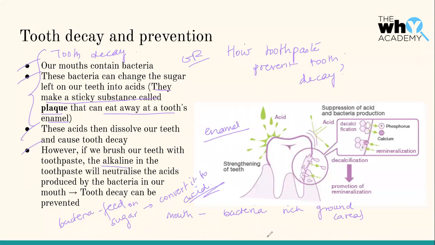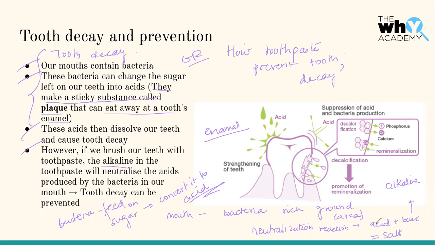So like I said, when you learn neutralization reaction, this is basically when an acid and a base react. Base is anything which is alkaline. So when an acid and a base react, they give you something called a salt, and usually water.